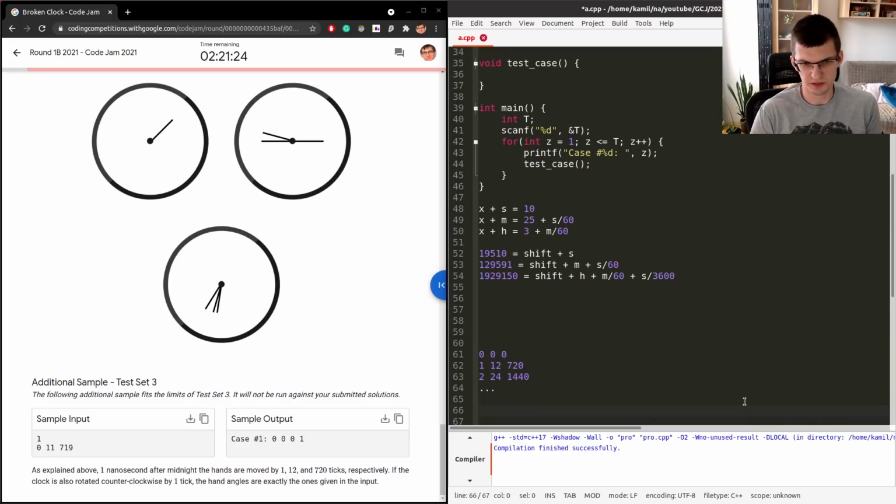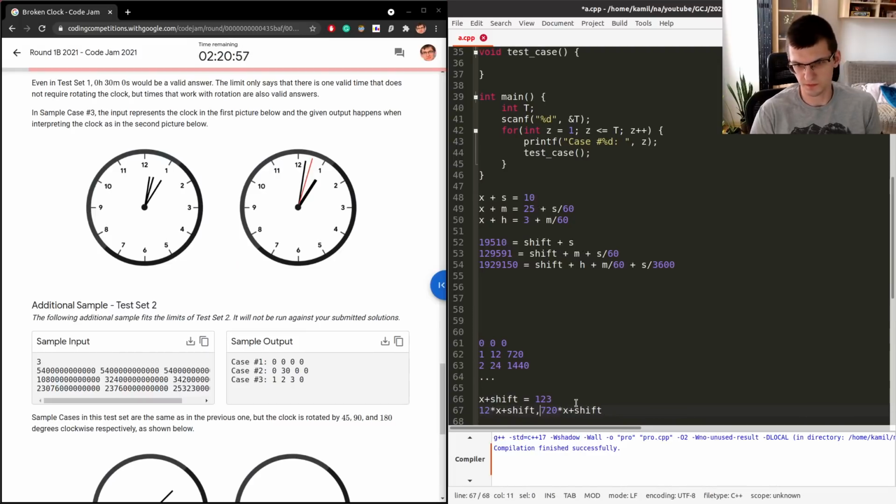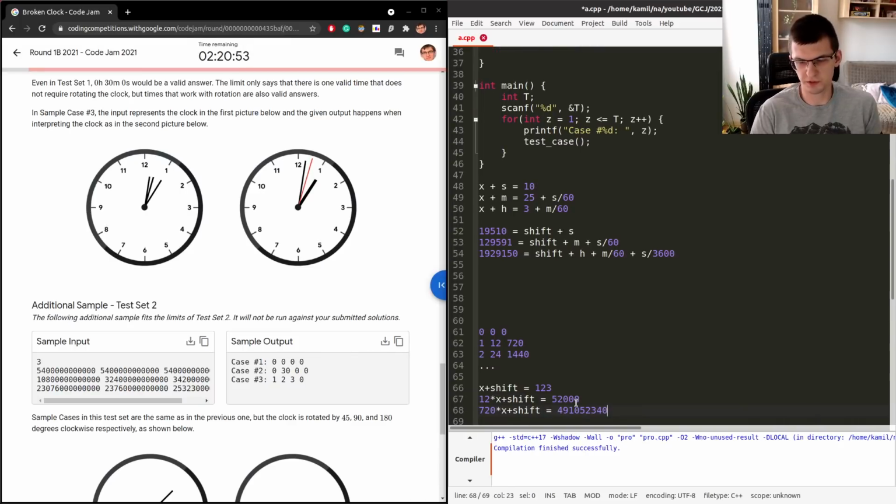In general, that's some kind of x, 12 times x, 720 times x, plus the shift, of course modulo something. So we have this system of equations, and I need to solve it for given stuff, like for 3 values given in the input.